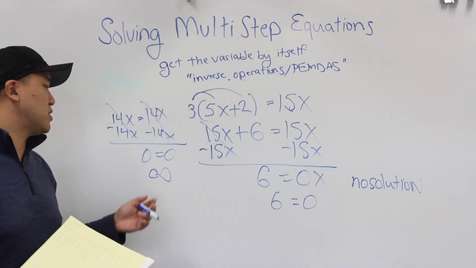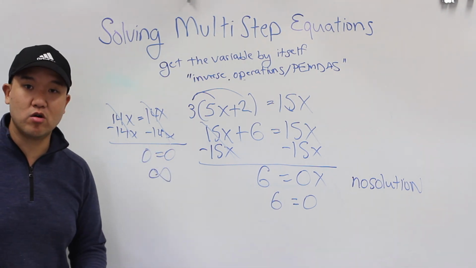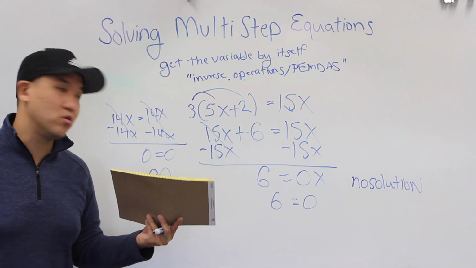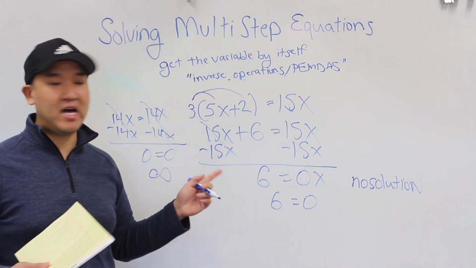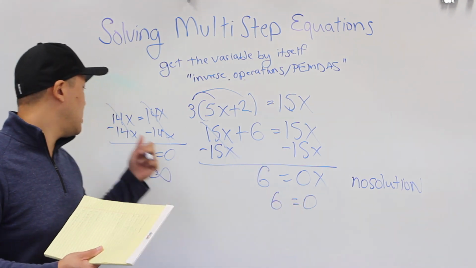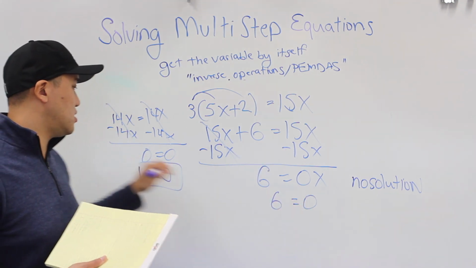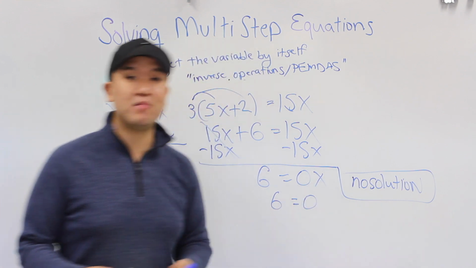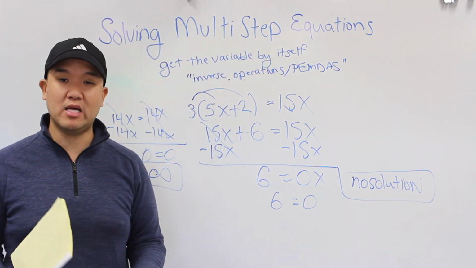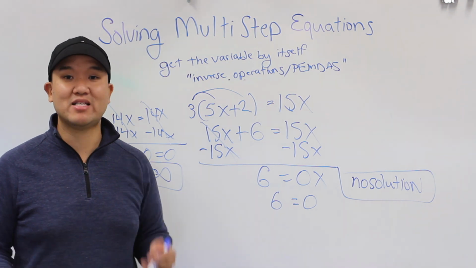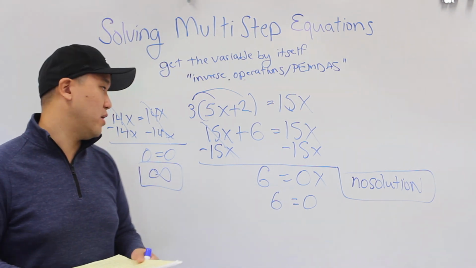Every solution works because 0 will always equal 0, so the left side will always equal the right side. Alright, so these are your special cases. You can have no solution, and you can have infinitely many solutions. We'll talk about what that means later on when we talk about graphing, with parallel lines and lines that intersect each other in all places.